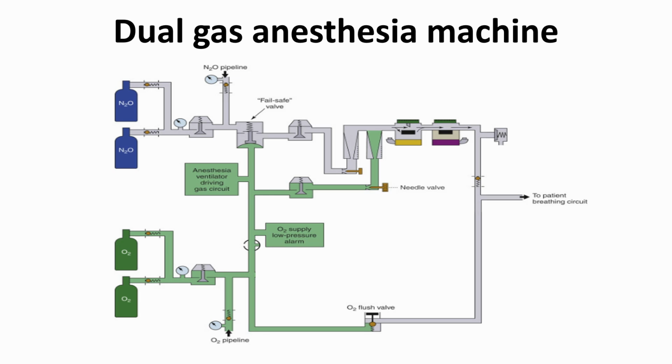We know that most anesthesia machines are dual gas anesthesia machines. Whatever gases you are using, at least two gases are minimally used. Some machines are using three gases.